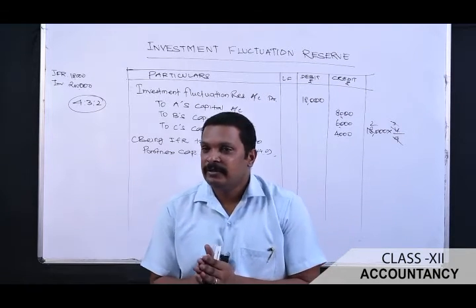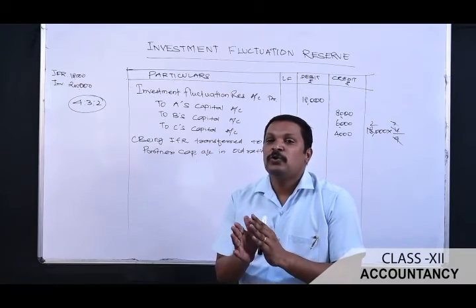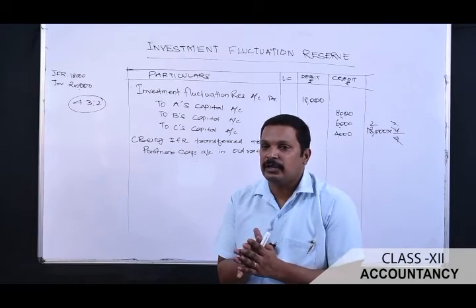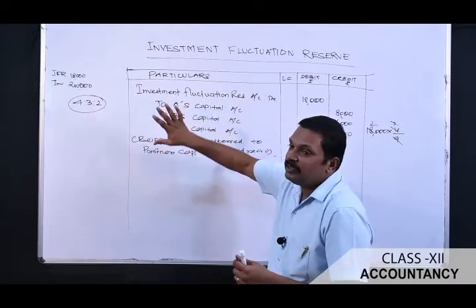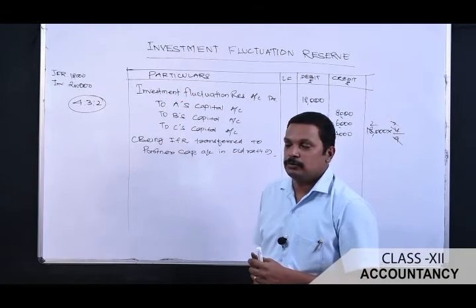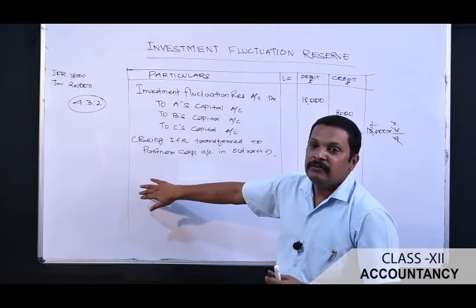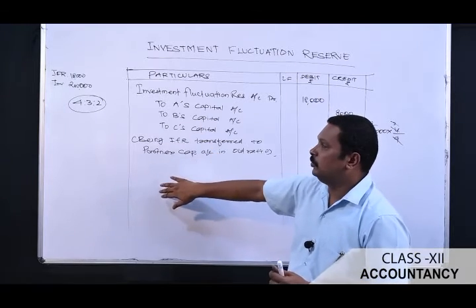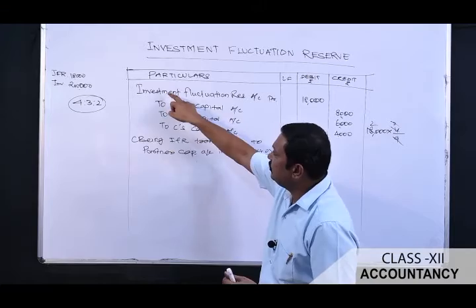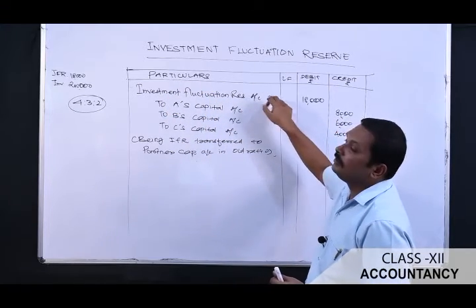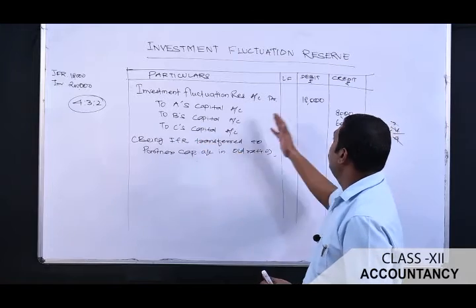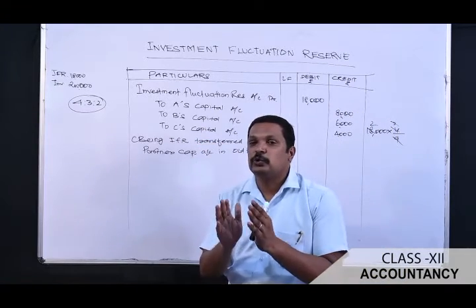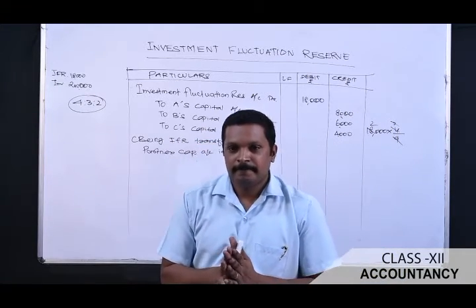The same way, because there are no changes in the book value and market value, we have to distribute investment fluctuation reserve to the respective partners' capital accounts. So the same entry will be there for the second case also. The entry will be investment fluctuation reserve account debit to A's capital, B's capital and C's capital. We have to distribute all the reserve without changes, right?